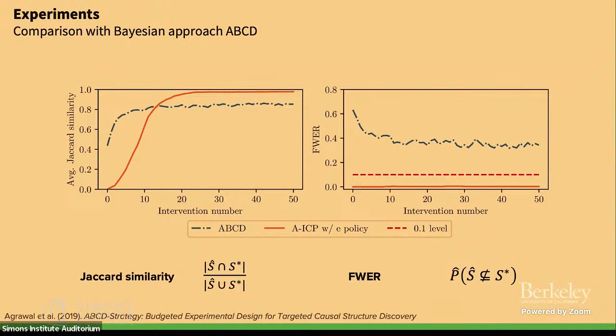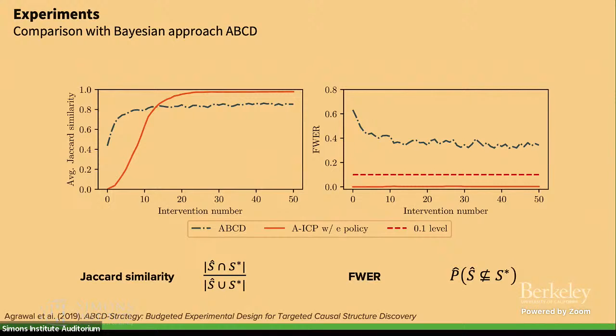And for AICP, in contrast, we start out at 0, due to the conservativeness of the construction of the estimate, but then the power increases as we add these environments. And finally, we reach a number very close to 1.